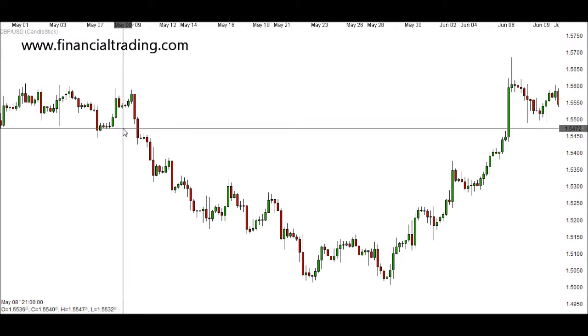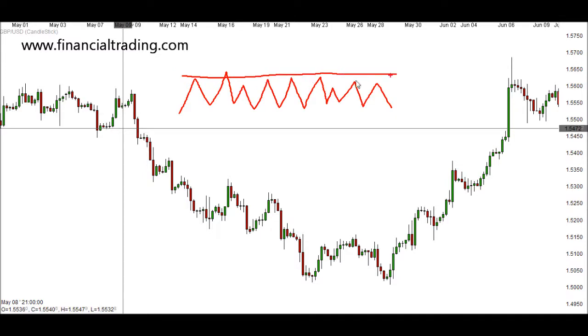And we also looked at range in markets. When price moves in a sideways direction, we generally get something that looks like this. Price moving between two areas in the market and moving in a sideways direction.